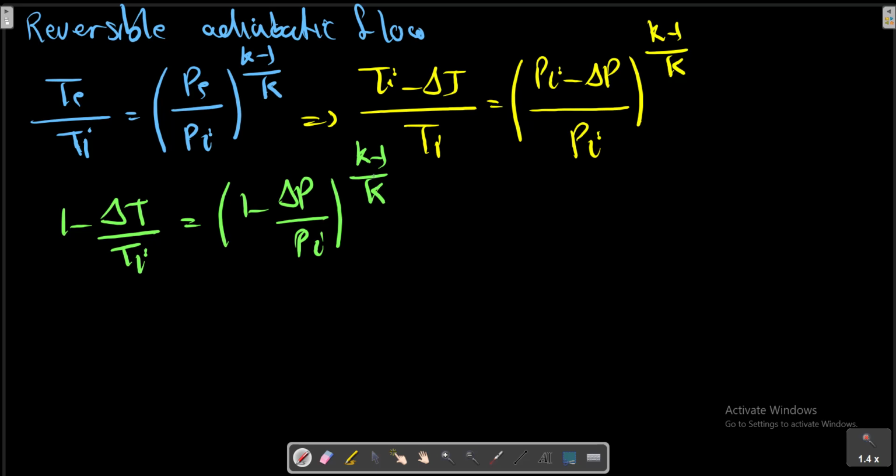Using the binomial expansion on the right-hand side of the equation, we can write this relation.